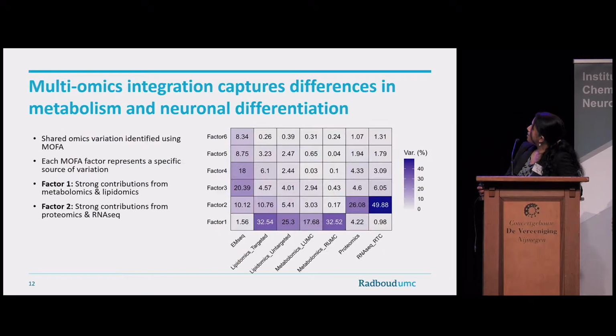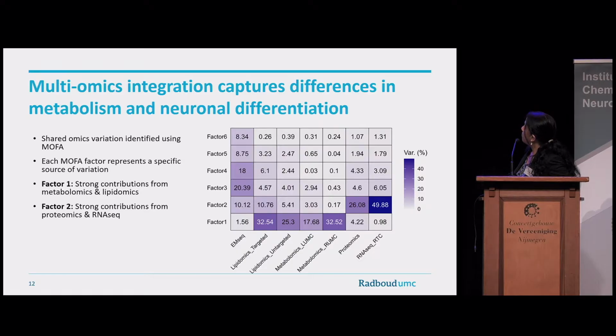Here you will see this MOFA factors plot, wherein on the x-axis you will see all the different multi-omics layers. On the y-axis you see 6 MOFA factors that capture the variation arising from the different layers.